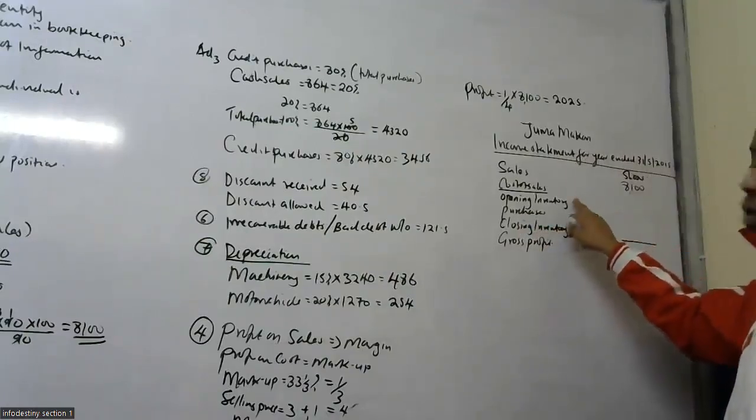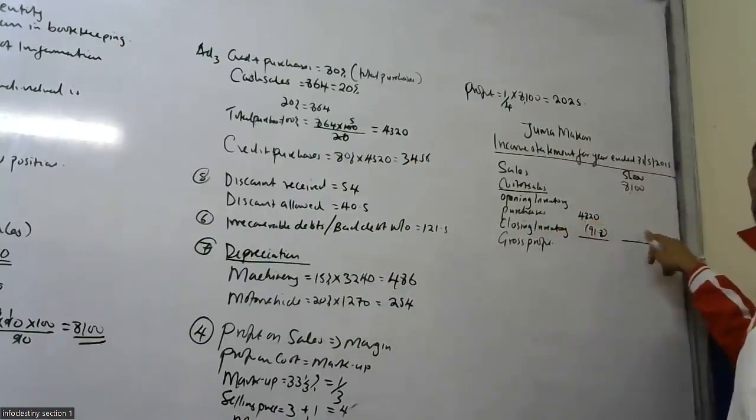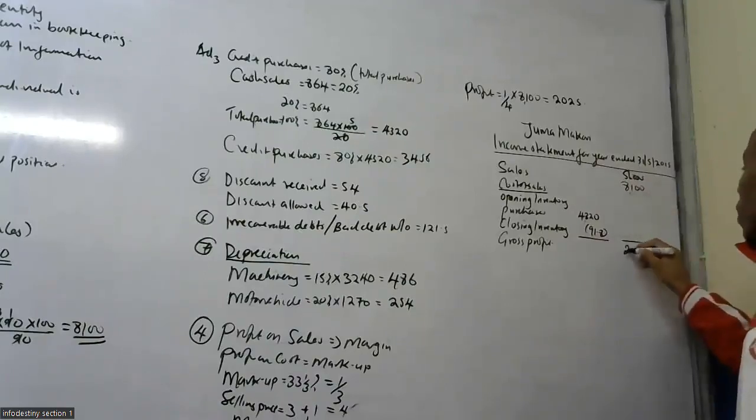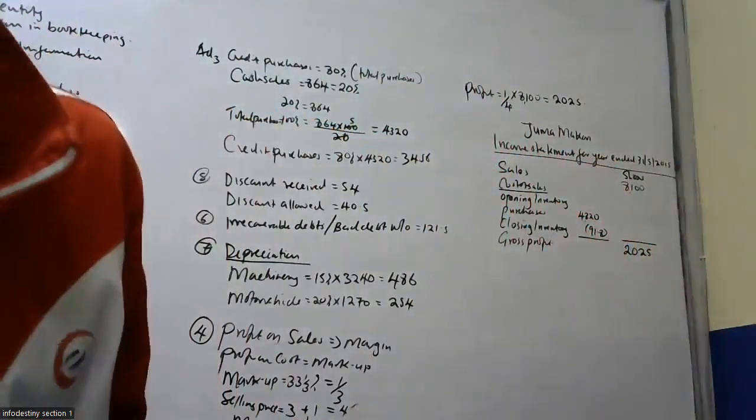The opening inventory plus purchases minus closing inventory should give us the cost of sales, and sales less the cost of sales should give us the profit.